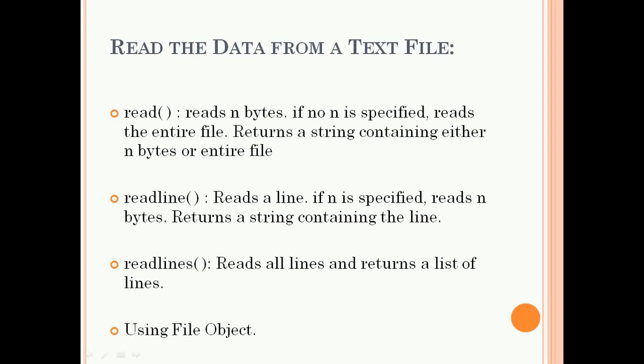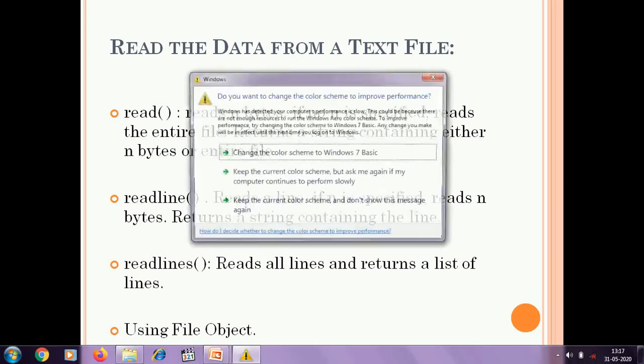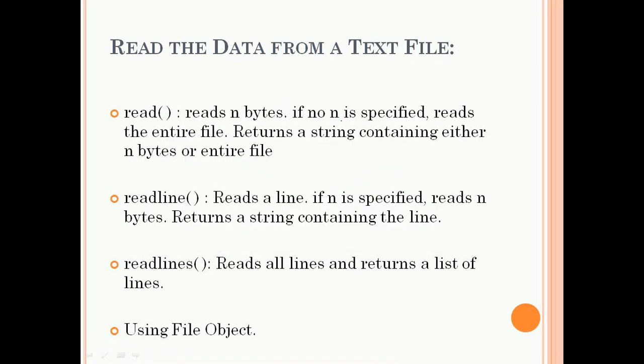If you are using the read method, and in the argument of the method you have mentioned n bytes, then it will read n bytes from the text file. If no n is specified, it reads the entire file. It returns a string containing either n bytes or the entire file depending on the argument of the method.